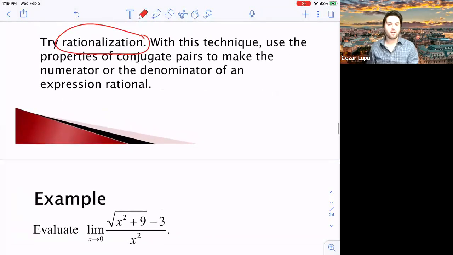Just like I said, you have an example like this. So now we would like to evaluate the limit as x approaches 0 of the square root of x squared plus 9 minus 3, everything over x squared. Try to think about it for a couple of minutes and we'll explain immediately.